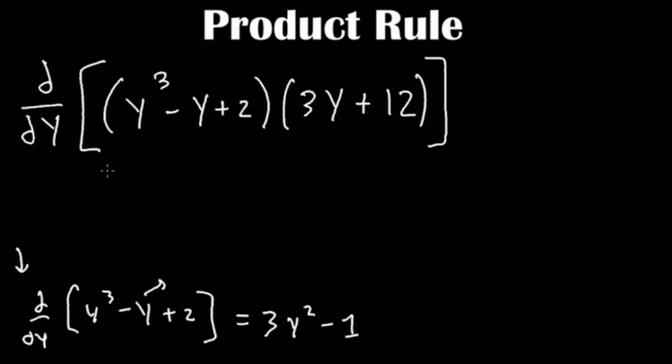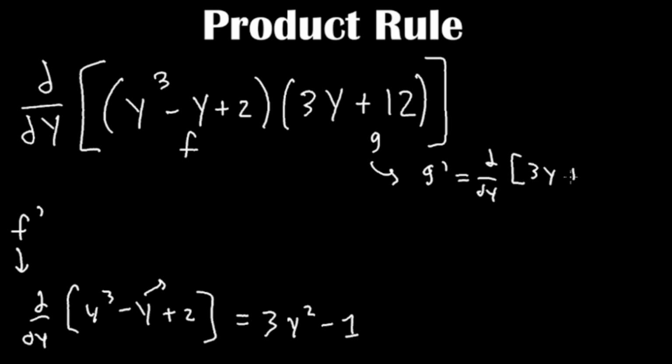Alright, so let's call this f and this g. This is f prime. Now, we need to find g prime. So g prime is even simpler. G prime is the derivative with respect to y of 3y plus 12. Kind of a shortcut really is this is a linear function with slope 3, which means its derivative, which gives the rate of change, is going to be 3.